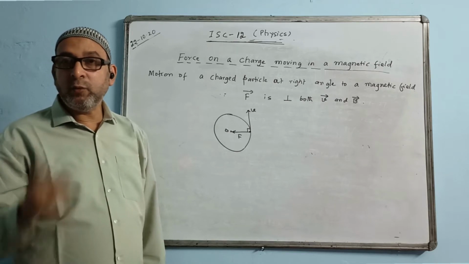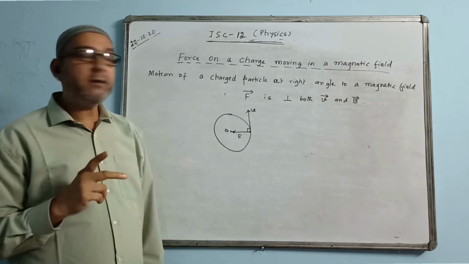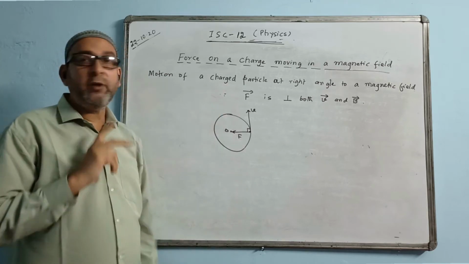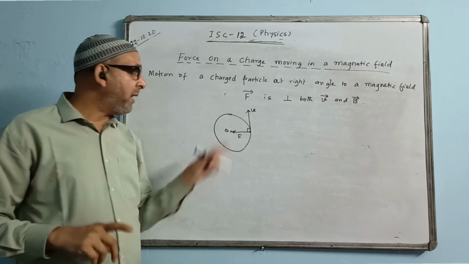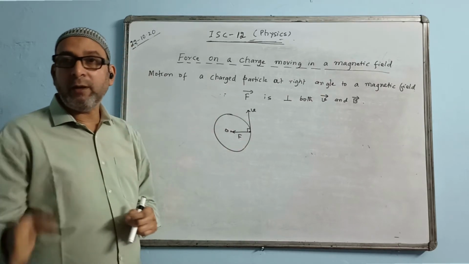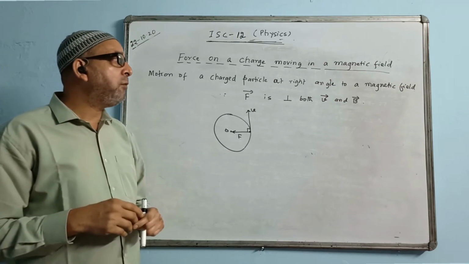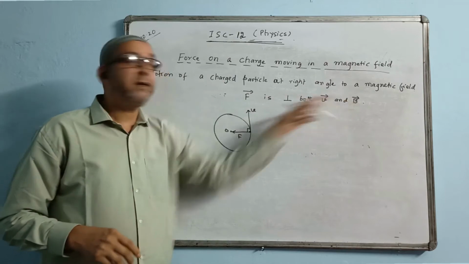So two situations are there. They are quite similar, but we have to be very sure what kind of path the charged particle is going to acquire. In magnetic field, the path is a circle. But in electric field region, the path will be a parabolic path. There is a reason also behind that. Because in a parabolic path, F will not be perpendicular to the velocity.